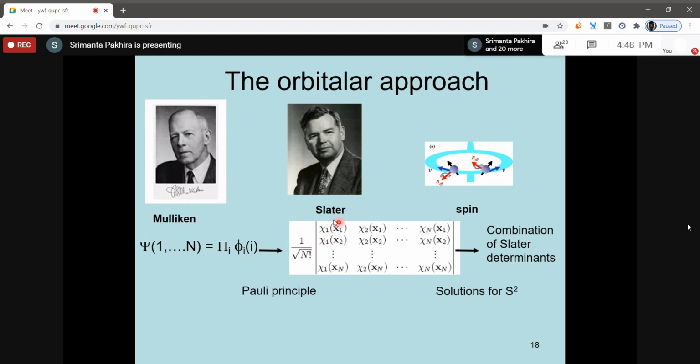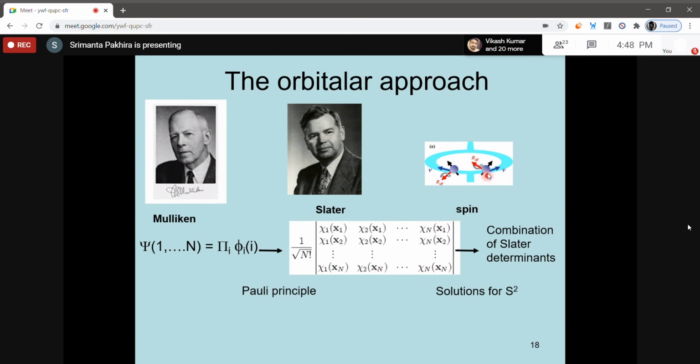Chi 1 is just a combination of the spatial coordinate and the spin, so chi 1 means phi 1 alpha 1, chi 2 means phi 2 alpha 2, and so on. This is how we generally write the determinant, and it follows Pauli's exclusion principle.